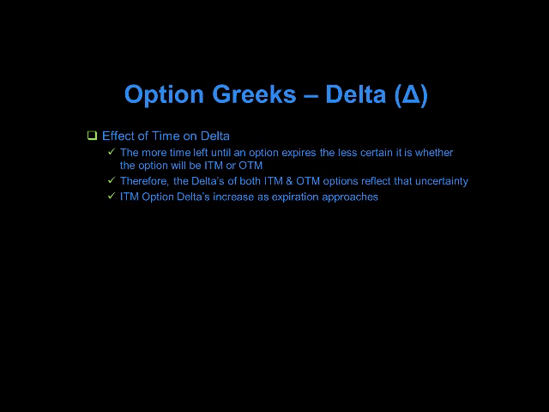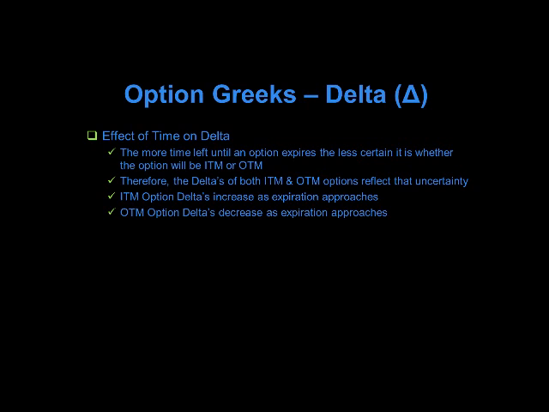So if you've got a stock at 50 with a strike price of 50, 120 days from expiration, and then you look at the same stock, the same strike, on the current month expiration, that delta will be higher, particularly if they're both in the money.